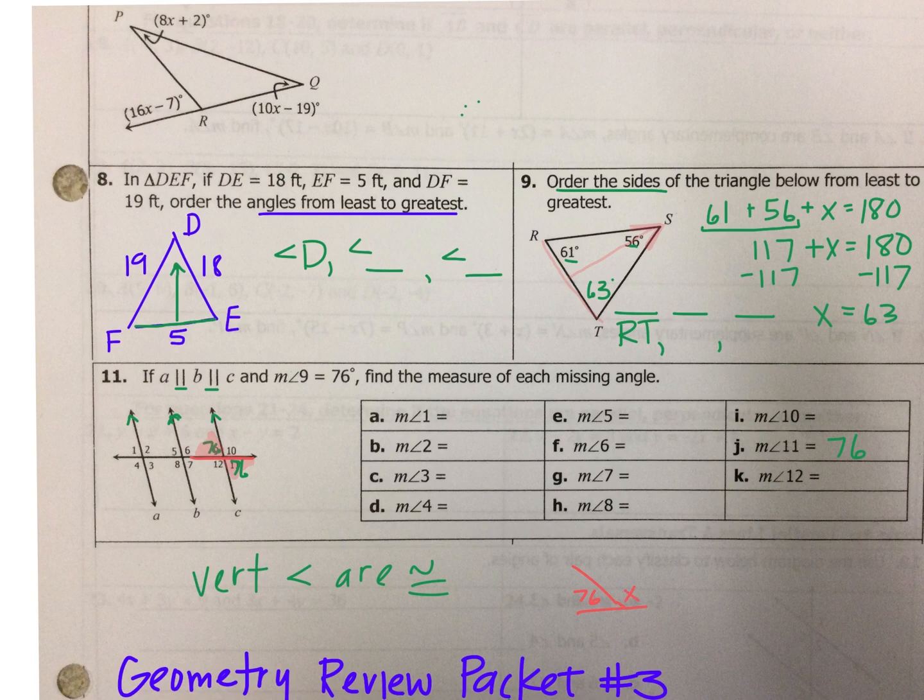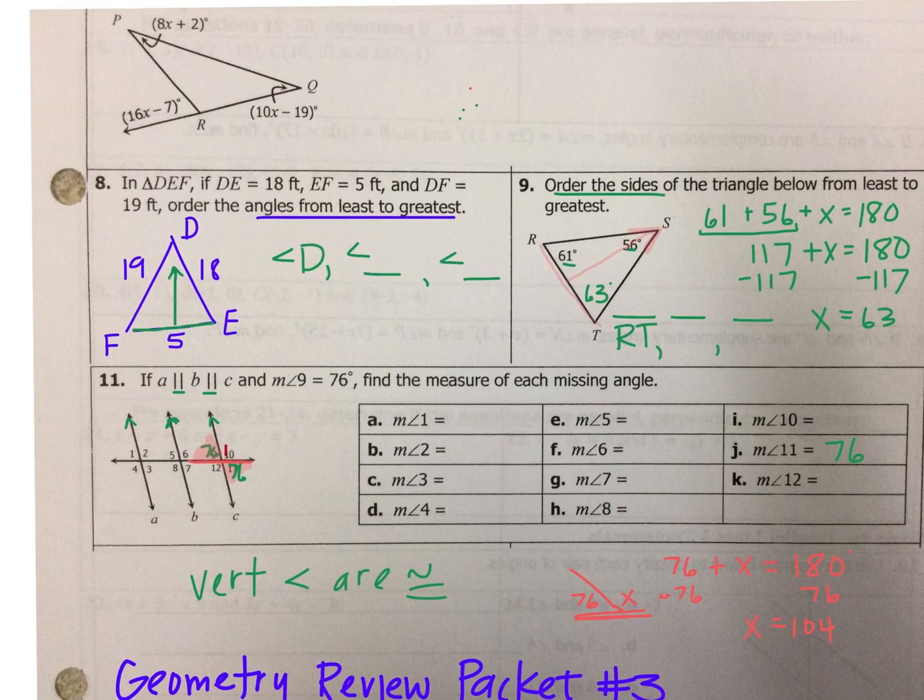And I know that 76 plus X equals a straight line, which is 180. If I take away 76, I'm left with X equals 104. So I'm going to say 10 is 104.